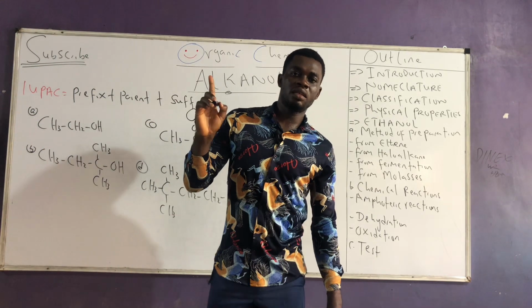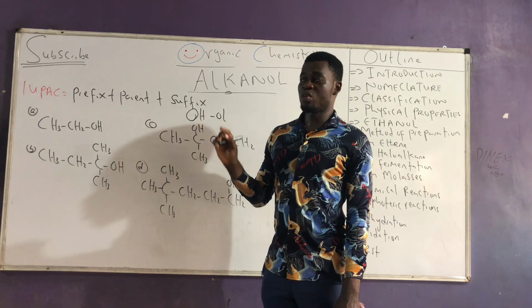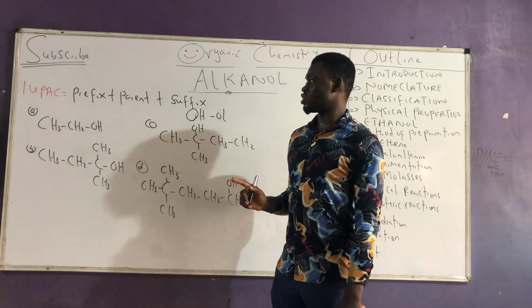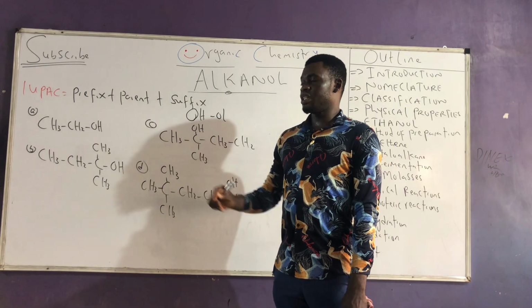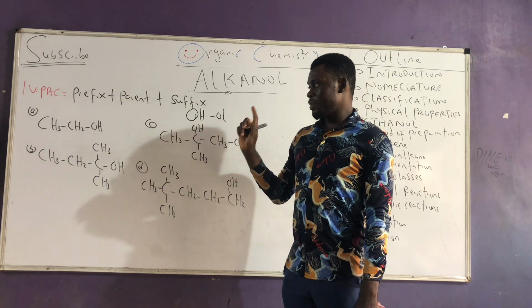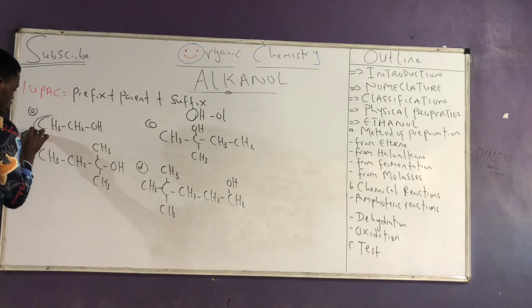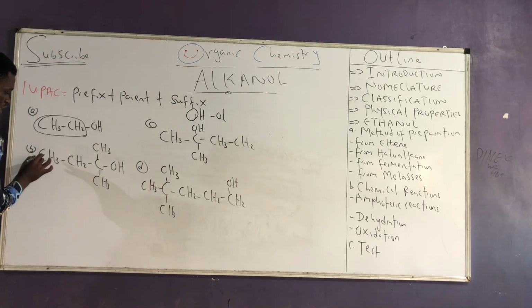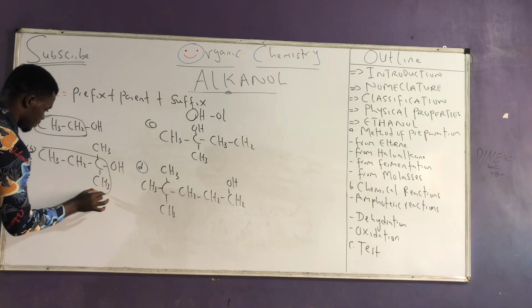Very simple. Number one, the first thing to do is to determine the longest continuous carbon chain. If I can determine the longest continuous carbon chain, I have done at least 50% of the journey into naming of organic compounds. So in each case, this becomes the longest continuous carbon chain.